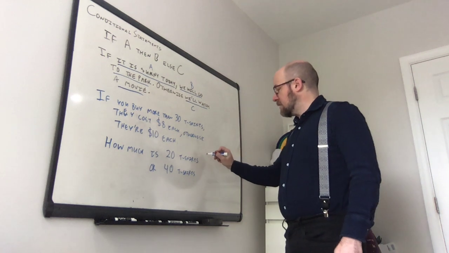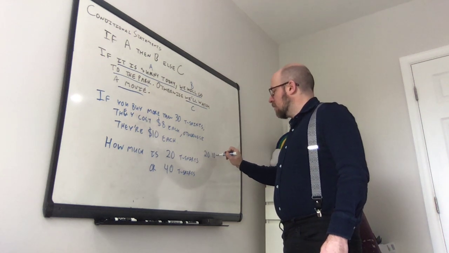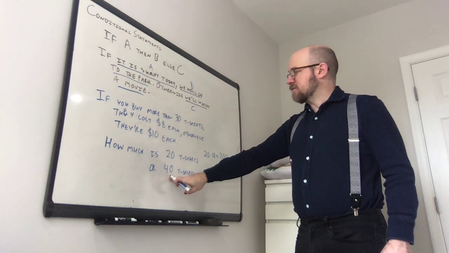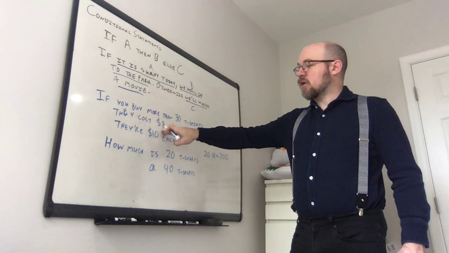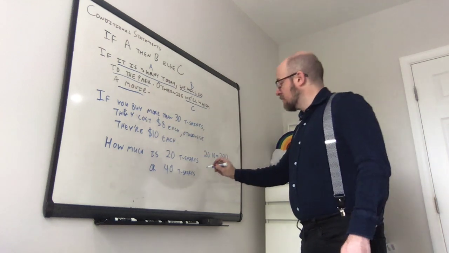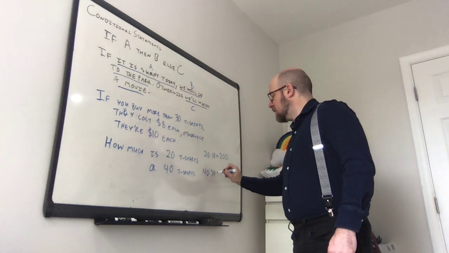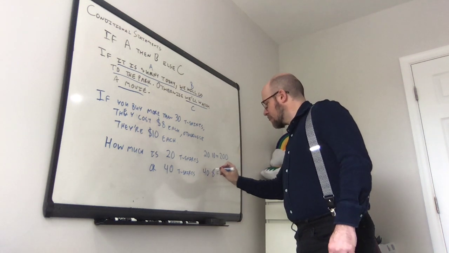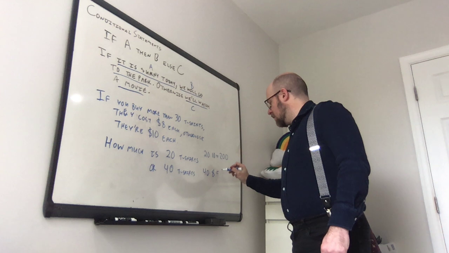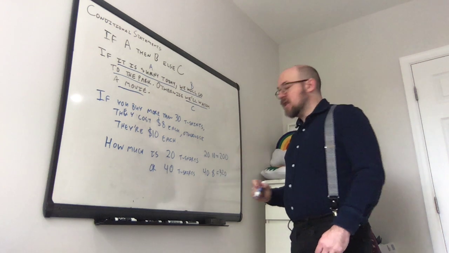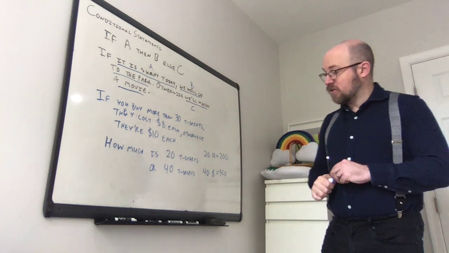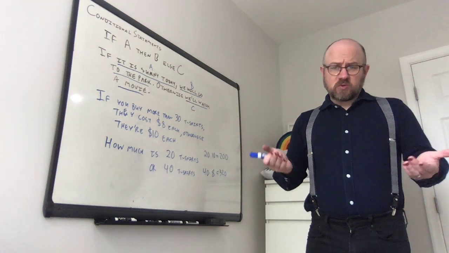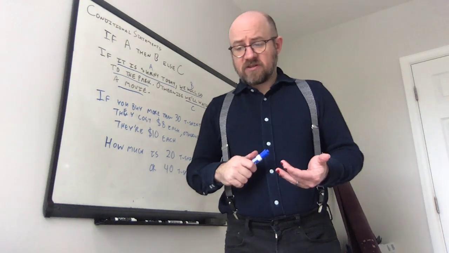So 20 times 10 is $200 for 20 t-shirts. 40 t-shirts, though, is more than 30, so they cost $8 each. Okay? So 40 times 8, rather, is $320. Okay, so it's $320 for 40, or it's $200 for 20. And so which one you use depends on the conditional statement.